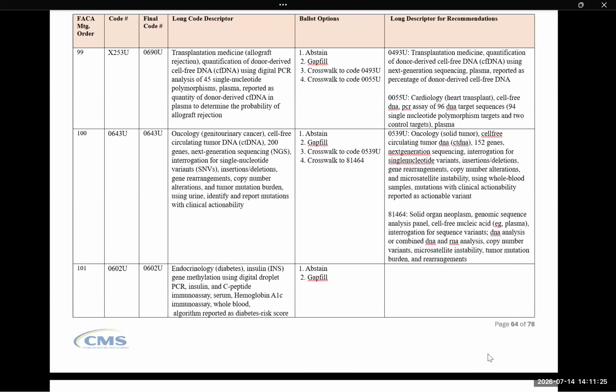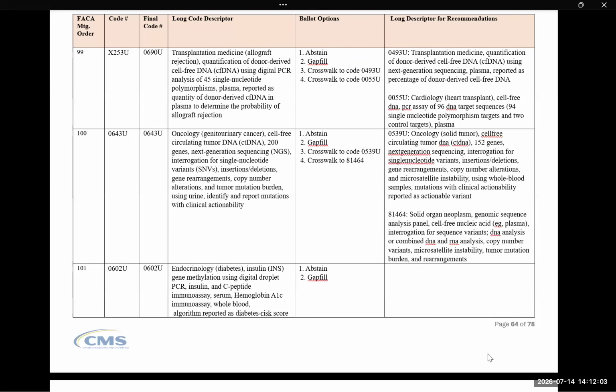But in terms of resources and methodology, there was a recommendation by the sponsor to crosswalk to, hold on again, I'm sorry. I believe it was the sponsor's recommendation or the public recommendation to crosswalk this code to 0539U. As the panel looked at 0539U, we identified an alternative potential crosswalk of 81464.